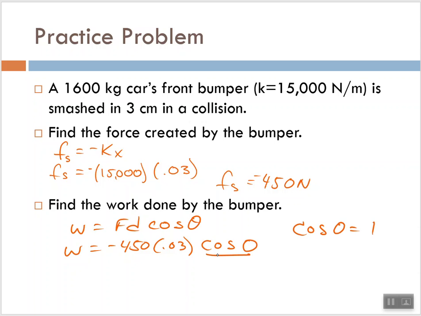So when we have something that's completely parallel, this equation still works because cosine of 0 becomes 1, and it would just be work equals negative 450 times 0.03 times 1. A lot of times we won't worry about that. So the work was equal to 13.5 joules. Not a whole lot of work that was done by this bumper.